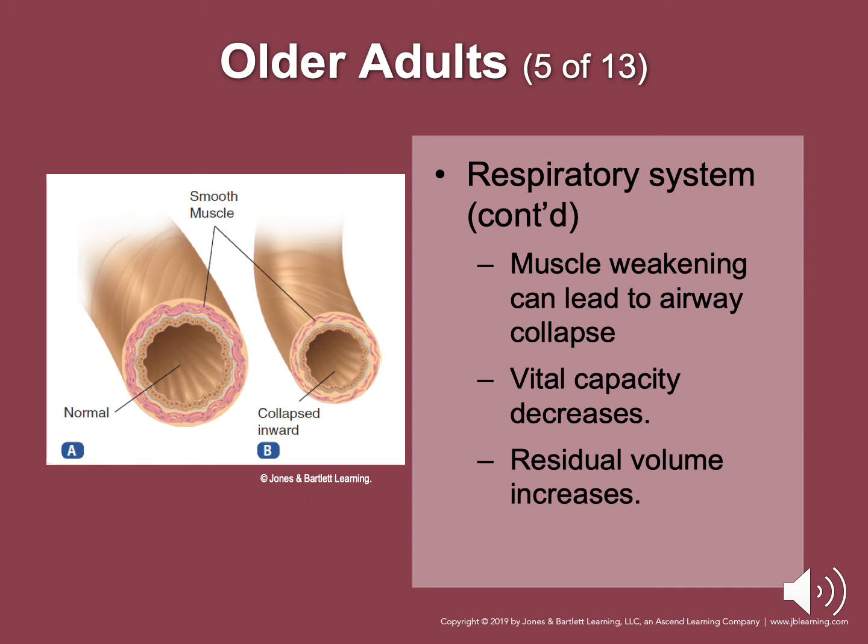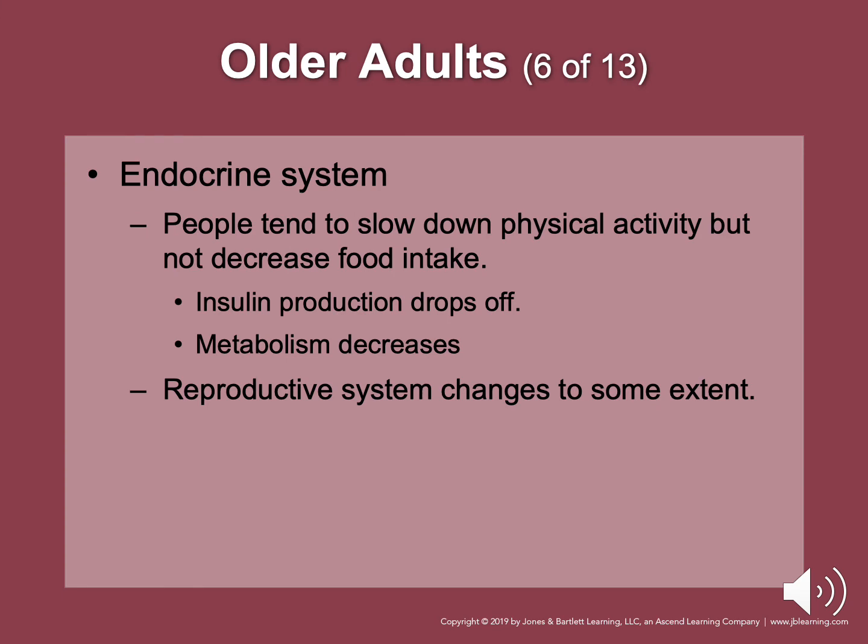All right, endocrine system. People tend to slow down their physical activity, but tend not to decrease their fluid intake, so insulin production drops off, and metabolism decreases with age, so they are more prone to diabetes. Changes in mental status may be the result of blood glucose levels.